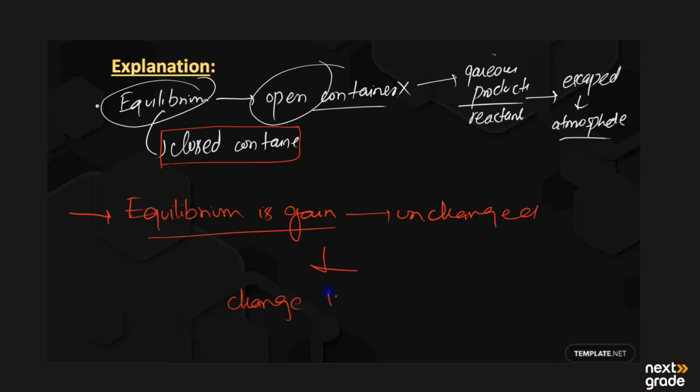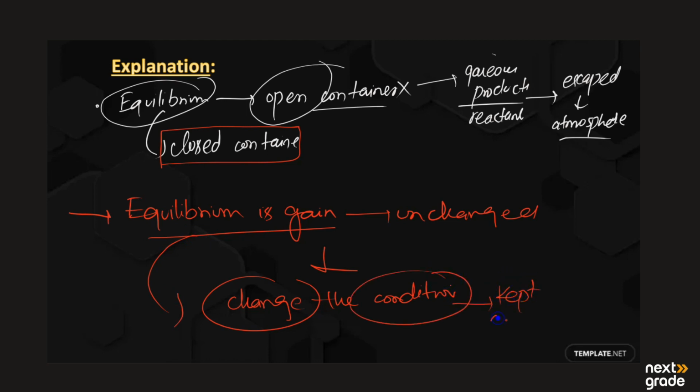If we change the prevailing conditions on the chemical reactions, then the equilibrium may be changed. But if the conditions are kept constant, then we will be able to keep the equilibrium for a long time.